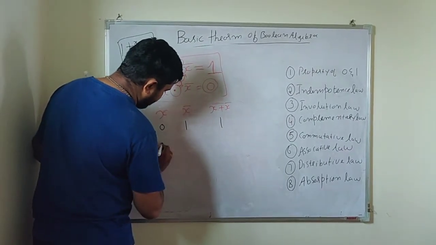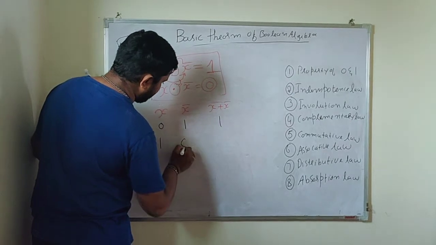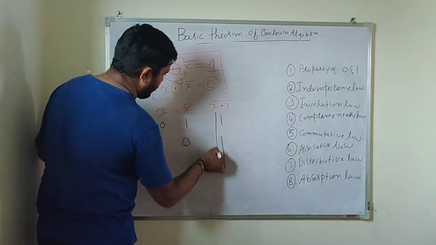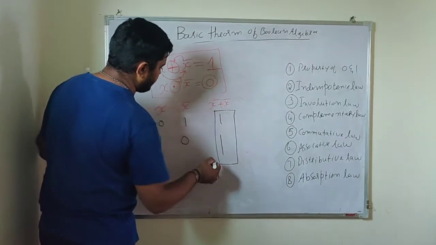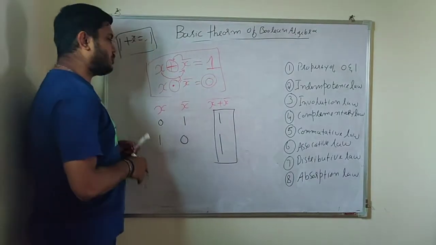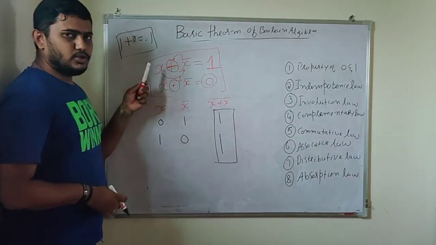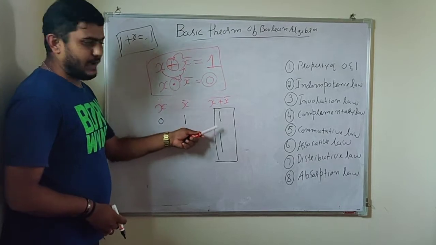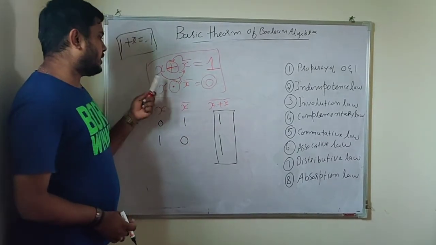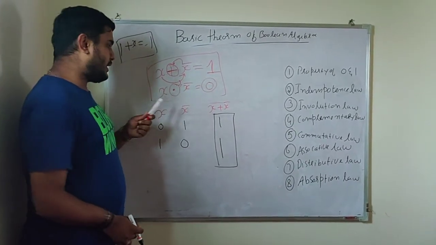Now again x is equal to 1. x bar is 0. 1 plus 0 is 1. What do you obtain? You obtain a tautology. So remember, when you work with OR gate symbols, you always get tautology values. Now when you work with an AND gate, you may get a mixed value.